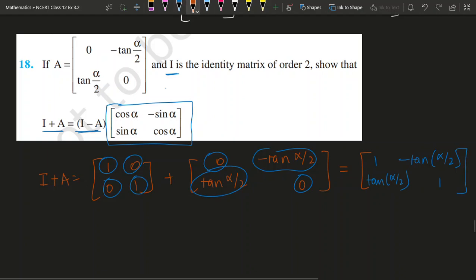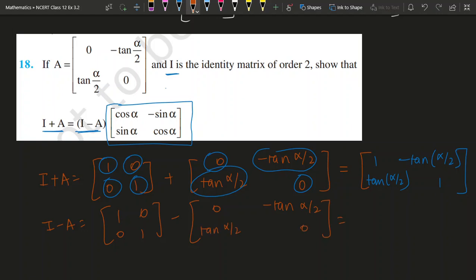Let's figure out what I minus A is. I minus A. So you write the two same matrices, but instead now you are subtracting them. So now again you are performing element-wise subtraction.